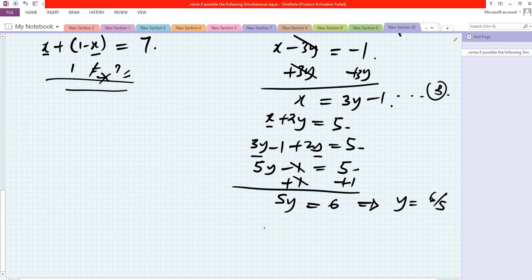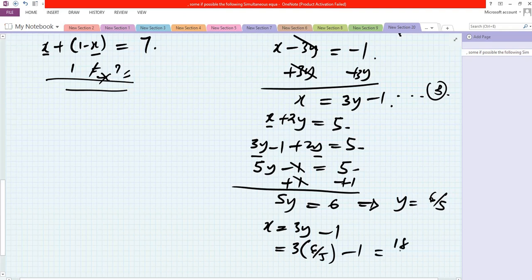Now substituting y equal to 6 over 5 into equation 3, you have x equal to 3y minus 1. So if you substitute y equal to 6 over 5 into this equation, you have 3 times 6 is 18 all over 5 minus 1.